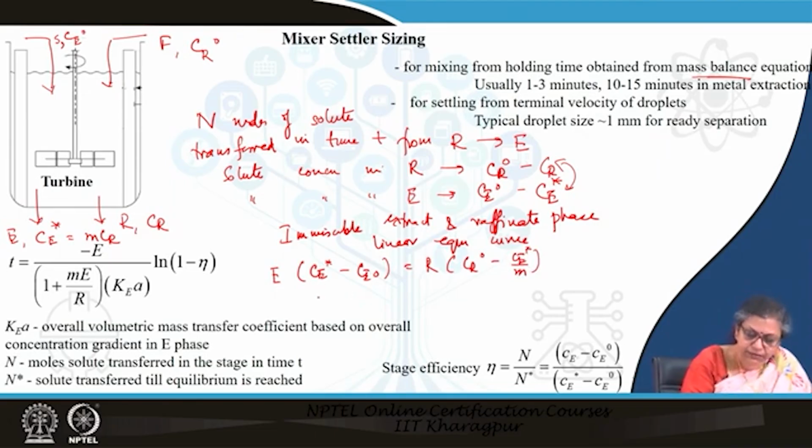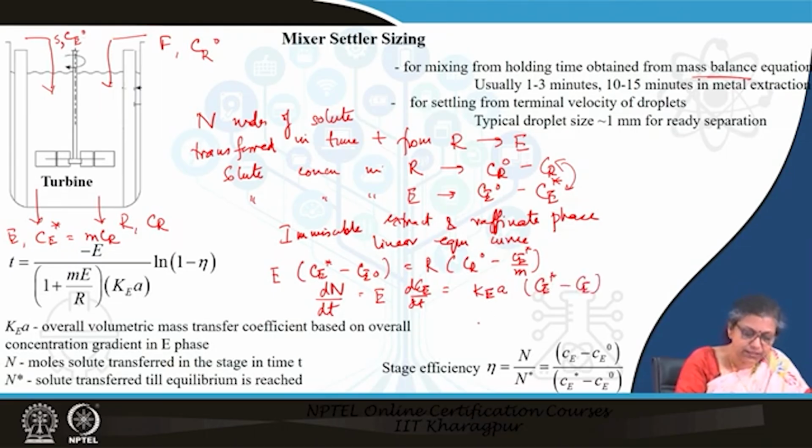Now, during a differential time dt, the total amount of solute that has been transferred is naturally equal to dCE by dt, which, from mass transfer considerations, is equal to KEA times (CE star minus CE).